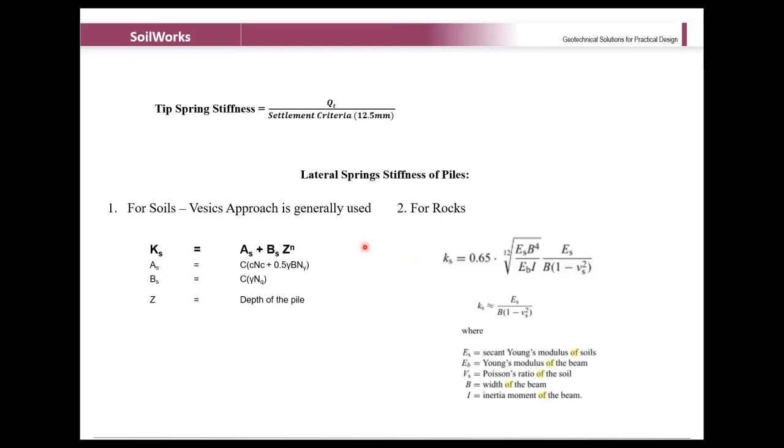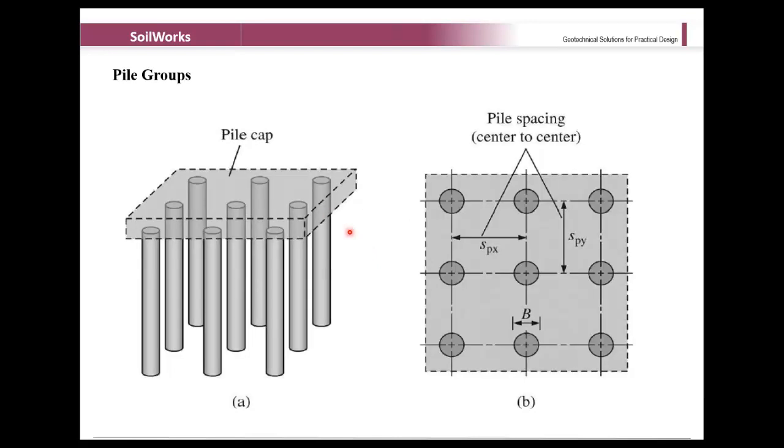Suppose let's say we are into deep foundations and we are using a pile group. How the load distribution or dissipation takes place, and how that affects your pile behavior, we'll be seeing now. Suppose we got a pile group. So we got a pile cap, and we got 3 by 3 piles in this particular case.